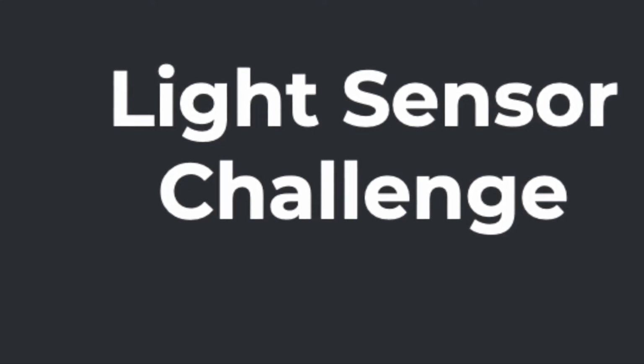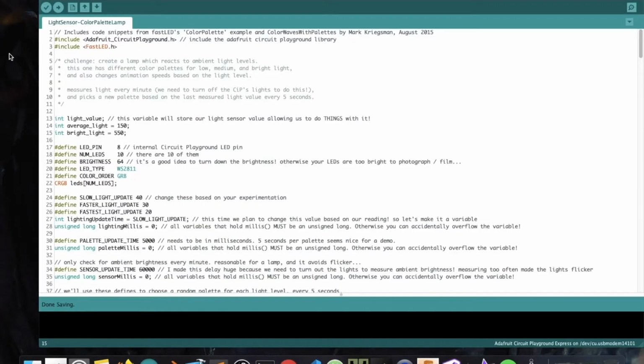Try using FastLED. To solve this challenge, I looked at a few sketches we've already done. For starters, I looked at our light sensor example, and then I also looked at our color palette example, and I decided to basically merge the two.